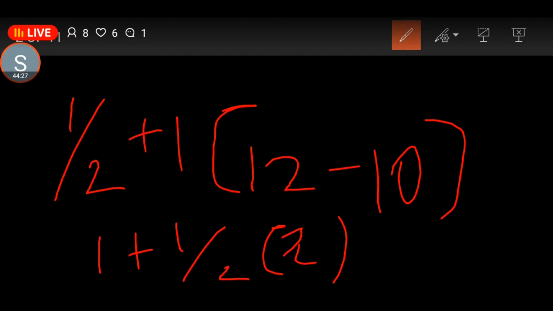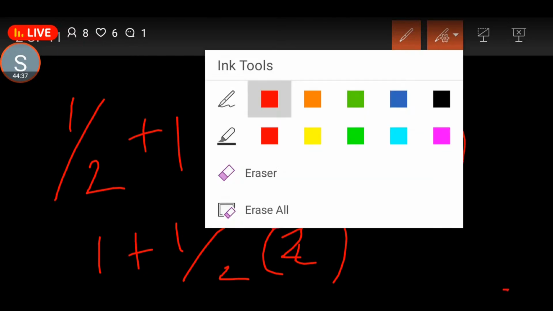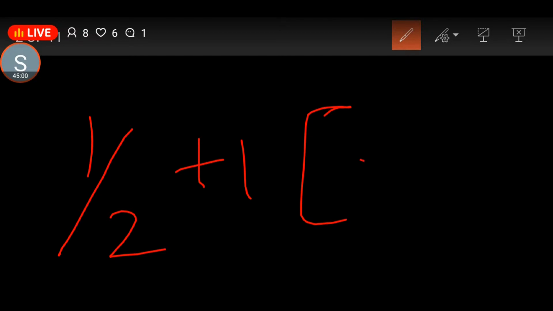If you take it like this, half plus 1 into the summation of 6 minus 4 minus 2, yes, here you will get 2.